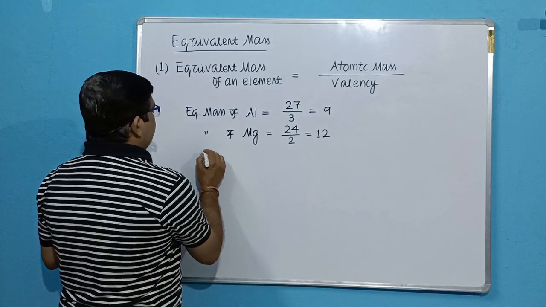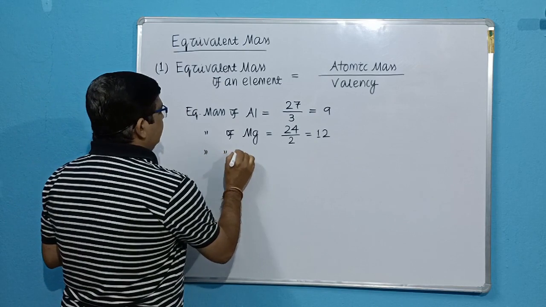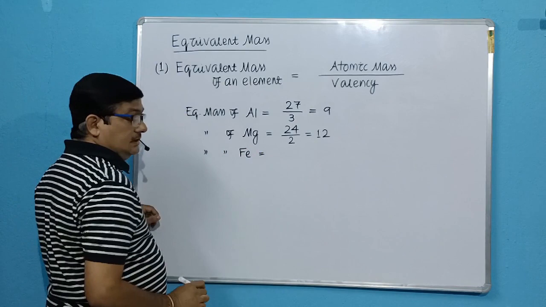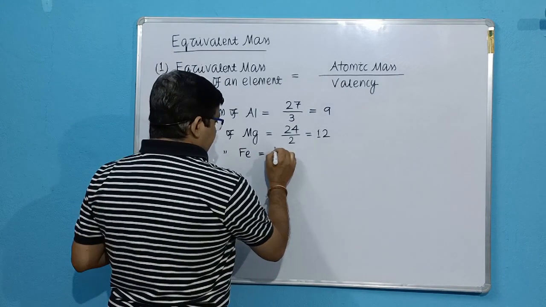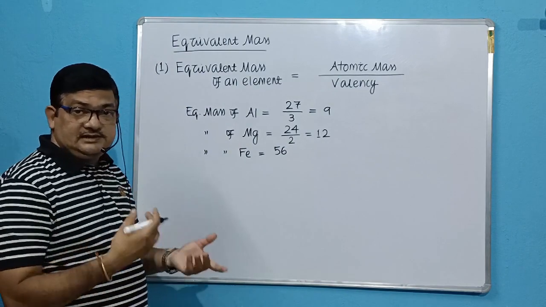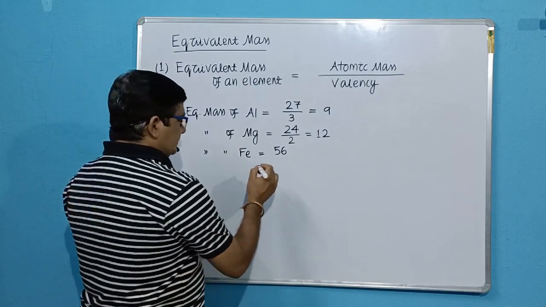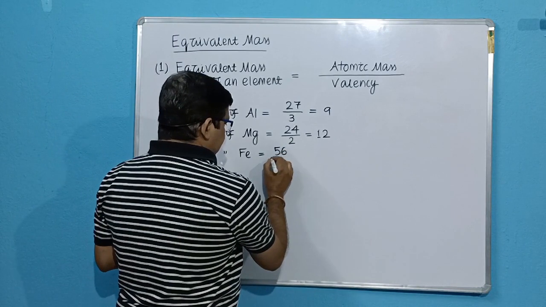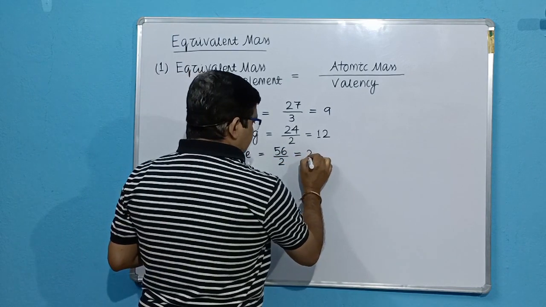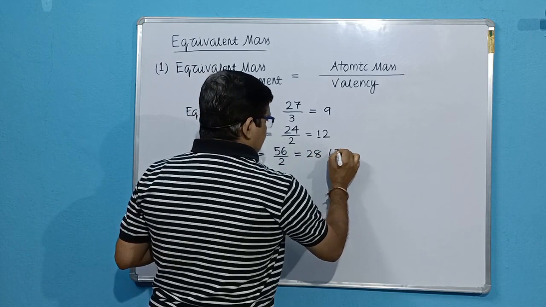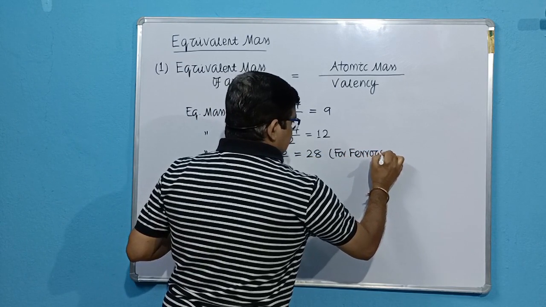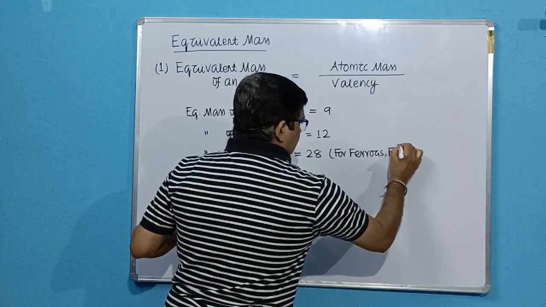Iron. We have already calculated the equivalent mass of iron. Atomic mass of iron is 56, but because it is having dual valency, there will be two equivalent masses. So case 1 for ferrous, valency is 2, so 28 for ferrous, whose valency is 2, that is Fe2+.